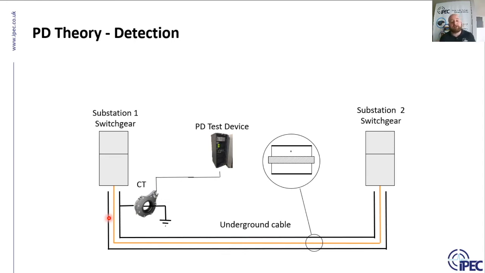So on medium voltage networks like this one here, HFCTs tend to be installed in the cable termination. They're installed back in the substation, and quite often they're installed on the earth sheath, particularly for spot testing, because the earthing tends to be more accessible. So that's where HFCTs tend to be installed. You can install them on the core, and in fact on the core you would get a more accurate signal.